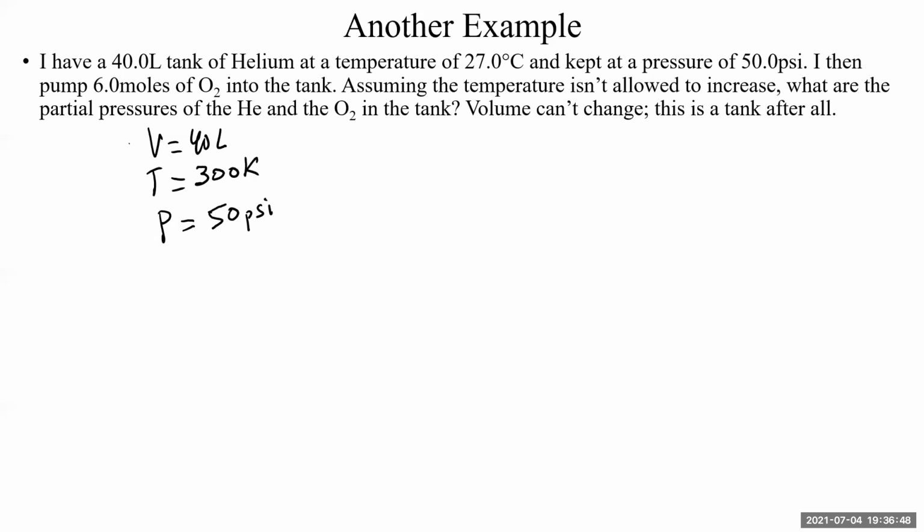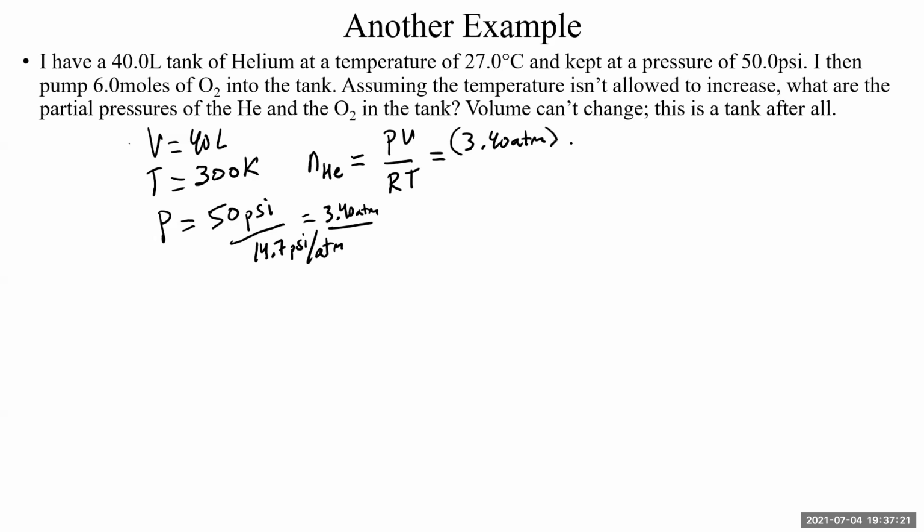I have enough here to figure out the moles of helium. PV divided by RT is going to equal pressure, of course we have to convert, so 14.7 psi per atmosphere. So 50 divided by 14.7 is about 3.40 atmospheres. This is just for the helium before we've added anything else.